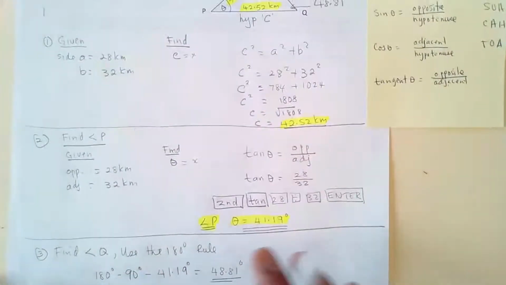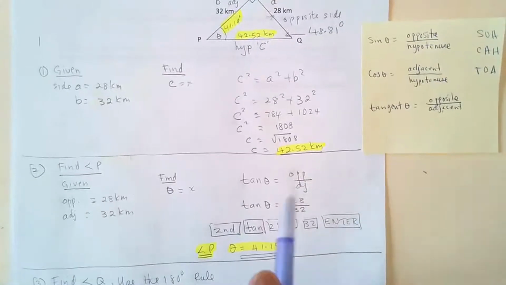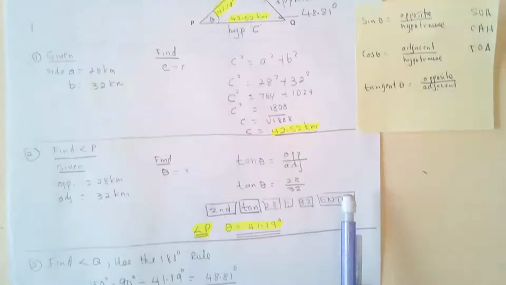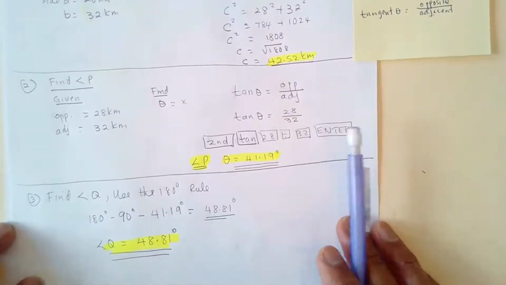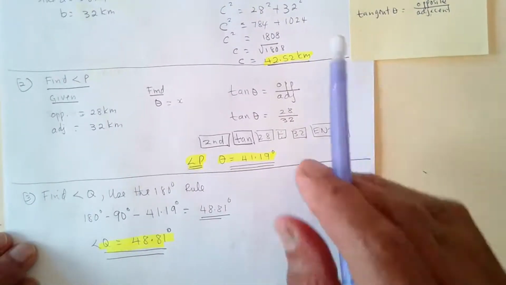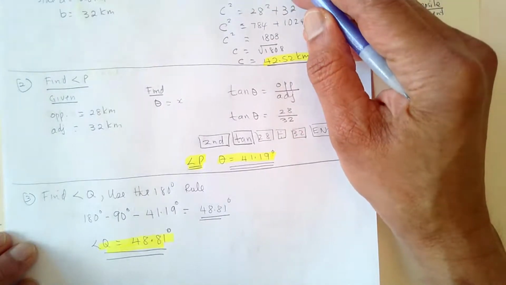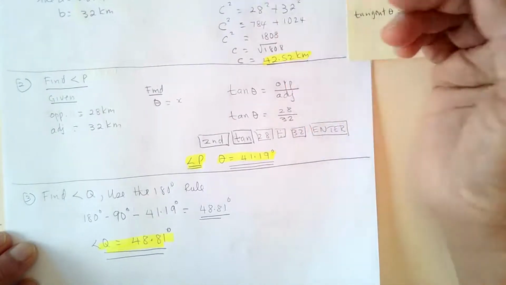Question 2, example 2, repeat the process, but in this case, we did the reverse. We use the 180 rule at the end because we were only given the 90 degrees. We were given two sides.